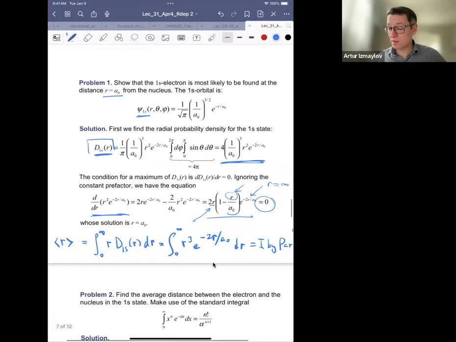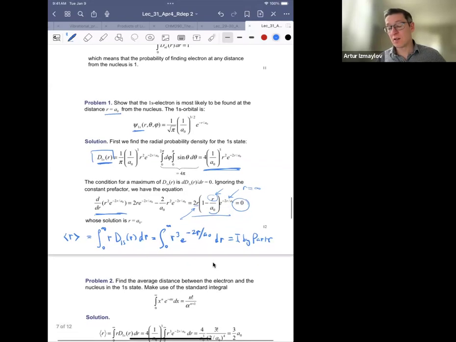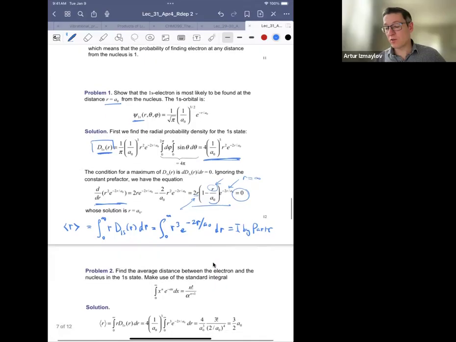There is another quantity, which is the expected radius, right? So one can think of what is the most probable radius in terms of, what if I measure the radius, where is it going to be? And if I do it multiple times, that's the expectation value of the operator r, and this is the formula.